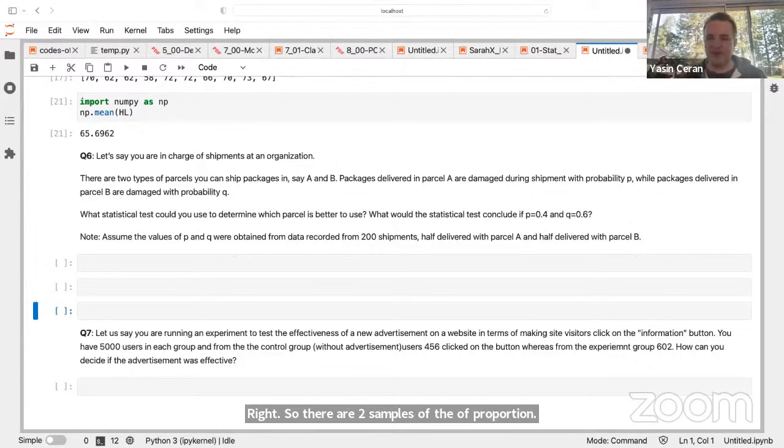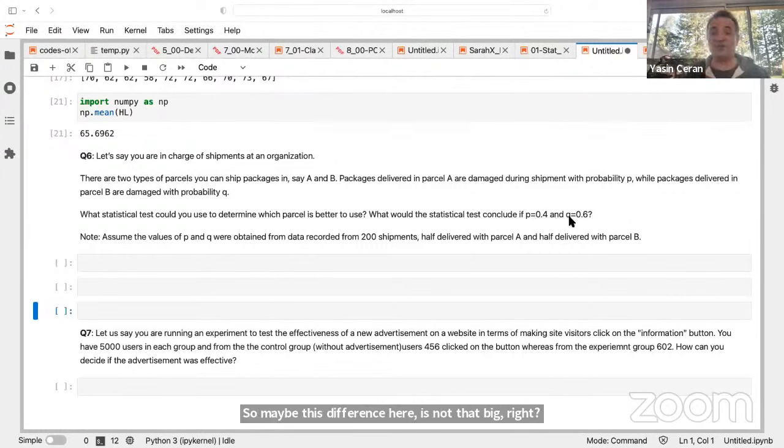So which parcel is better? At this point, it looks like the first is better than the second one because its probability of being damaged is less, but maybe these two have equal probabilities. This is just one sample, so maybe this difference is not that big. That is what we want to test.